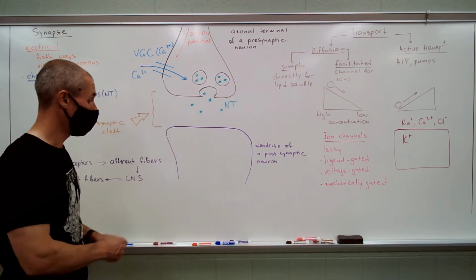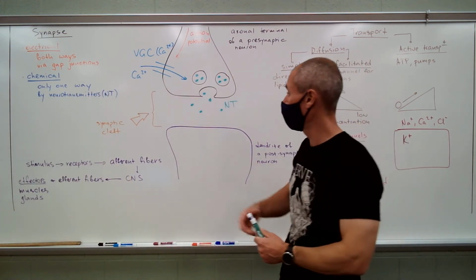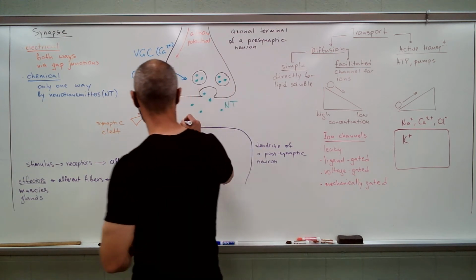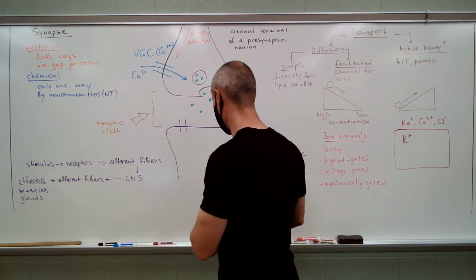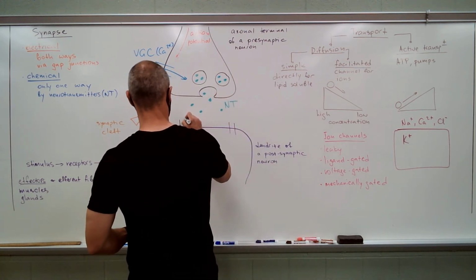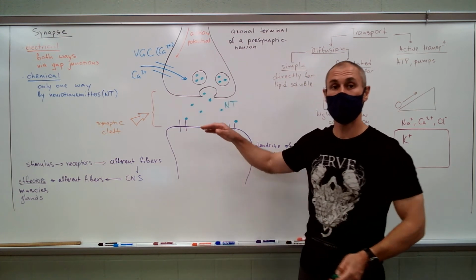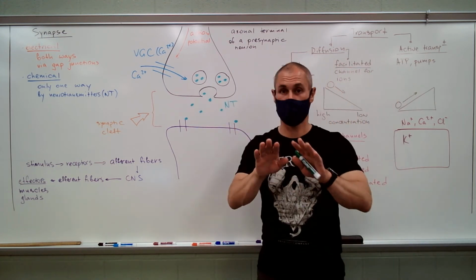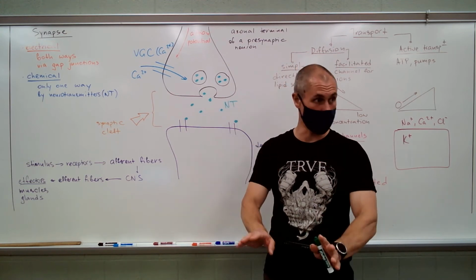Got it? And then the last step here, really, the last step of synaptic transmission, neurotransmitter binds to the receptors on the postsynaptic neuron. Now, what happens afterwards is going to be a separate story. Like, seriously, a separate story.